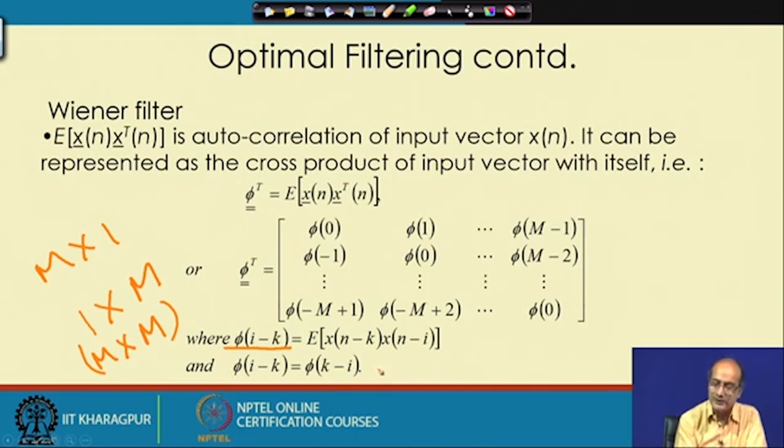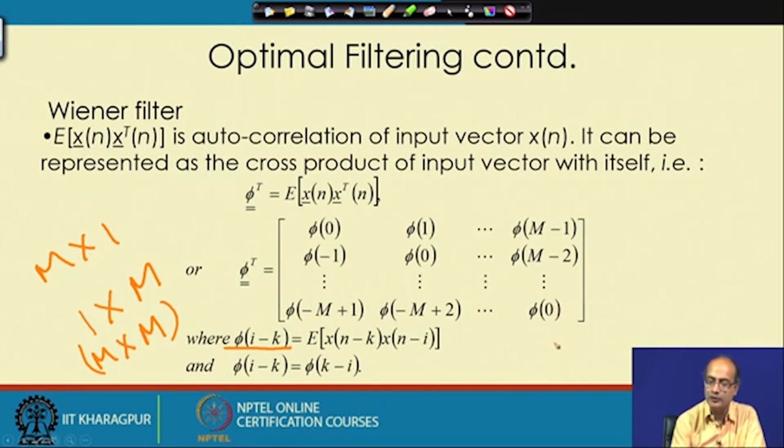Essentially, these autocorrelation terms are symmetric around the point 0 for a real signal, and to populate this matrix we need not have the values from phi minus m plus 1 to phi m minus 1.